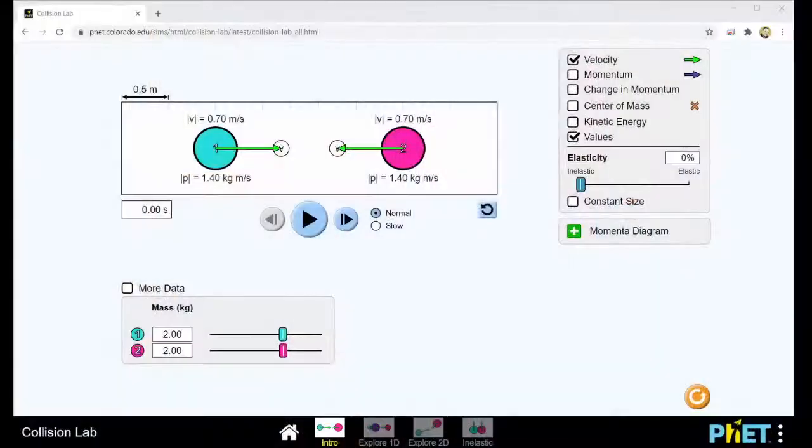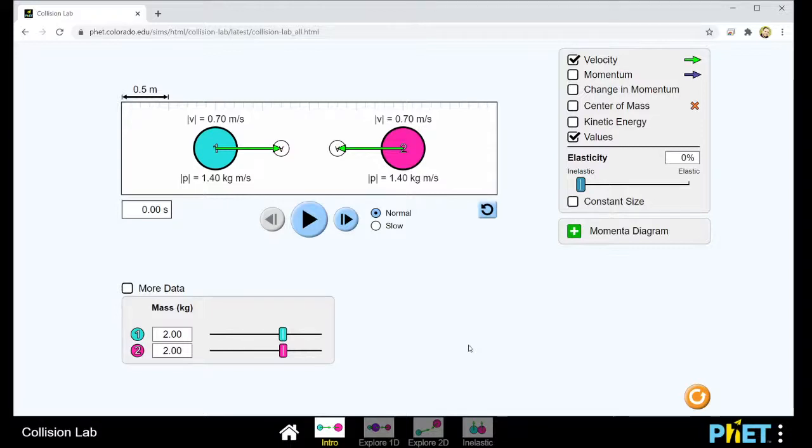What's the total momentum of this system, the way I have it set up right here? Holly says 0. Does anybody agree or disagree? Chris says 2.8.